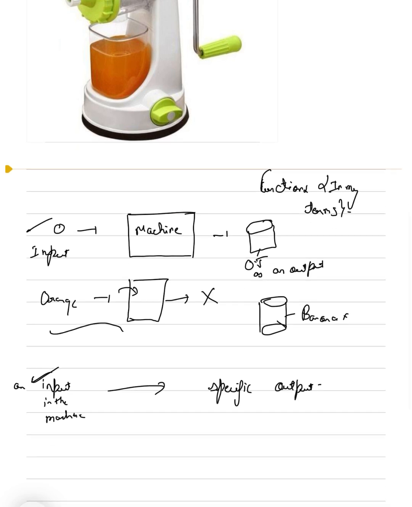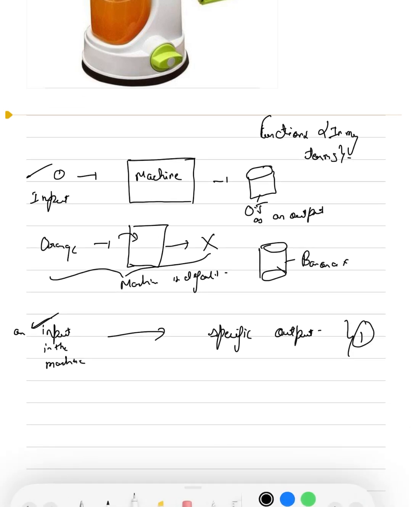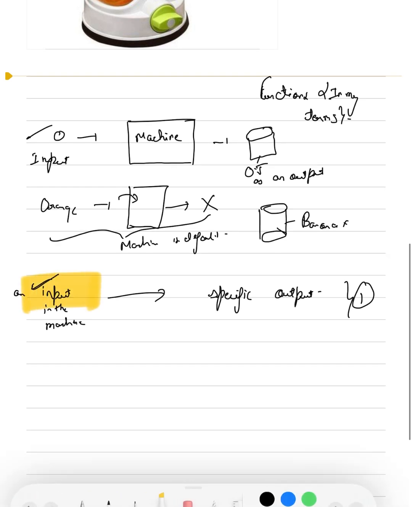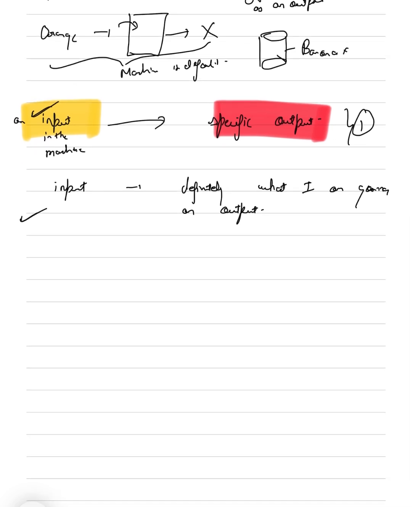It definitely shows that my machine is faulty. So, two things we learn from this definition: first, if I provide an input, I get a specific output for that. And next, if I provide an input, then definitely I get an output. If I don't get any output, it means I had a faulty machine.